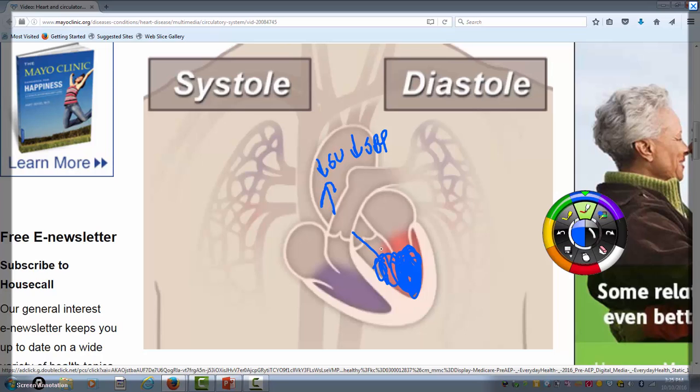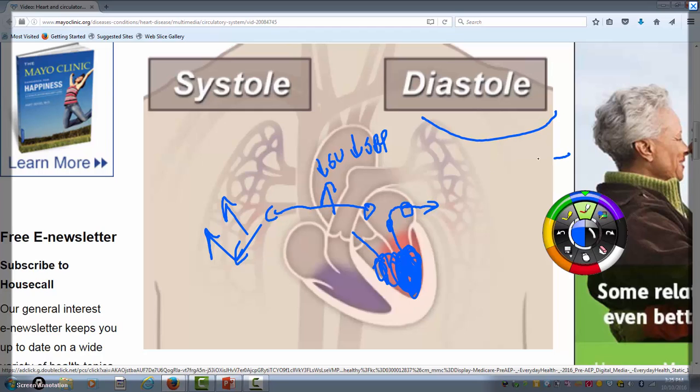So where did that blood come from? That blood came from the left atrium. And where did that blood come from? It came from the pulmonary veins. And where did the pulmonary veins get their blood from? The pulmonary venules, and then the pulmonary capillaries. Capillaries are one cell membrane thick.